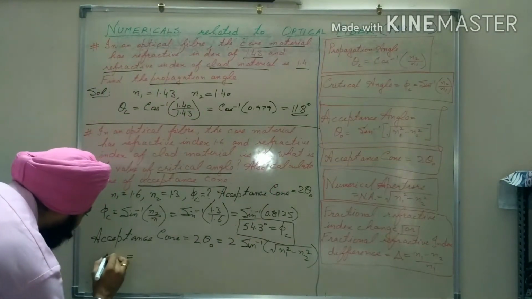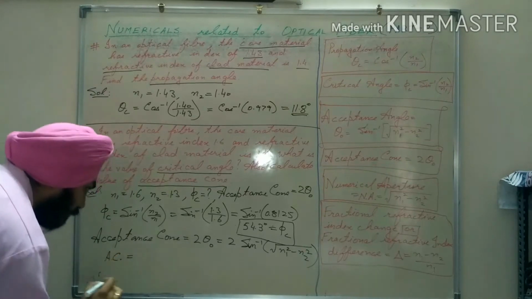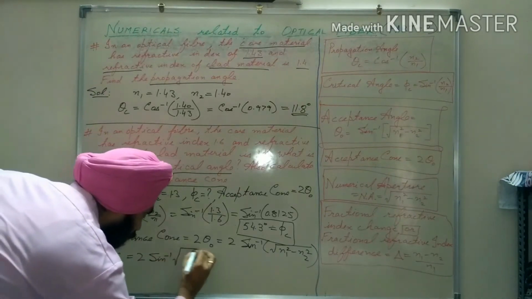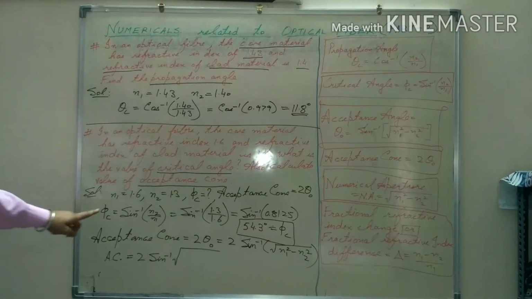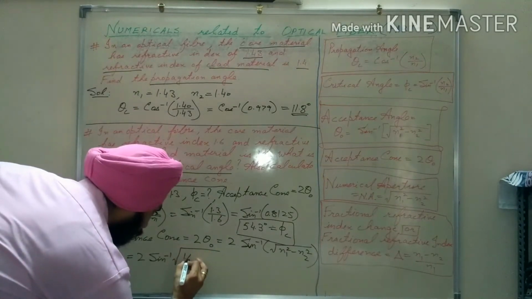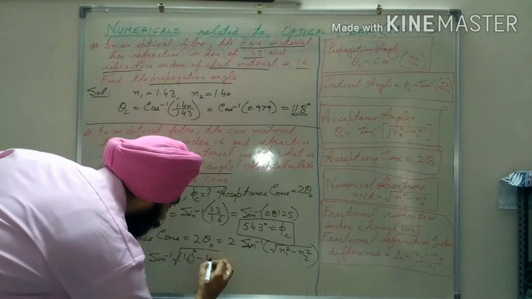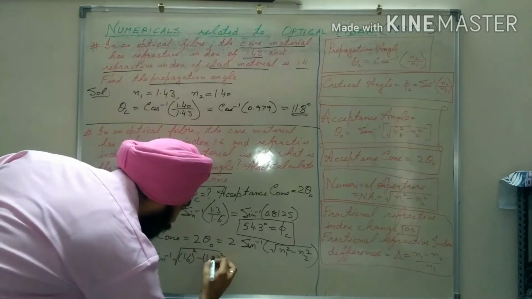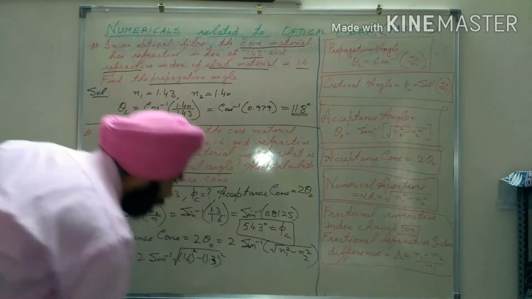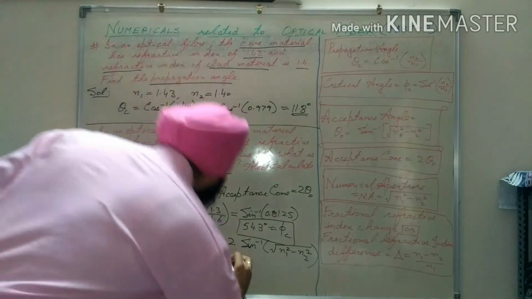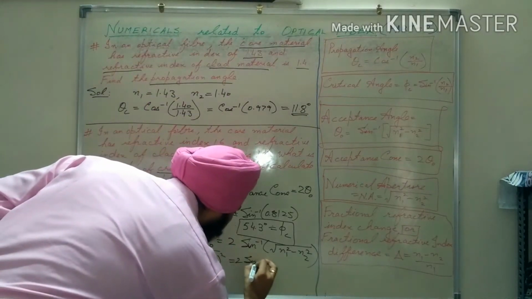So acceptance cone becomes 2 times sine inverse of root of 1.6 whole square minus 1.3 whole square, right? After calculating this you will get 0.87.